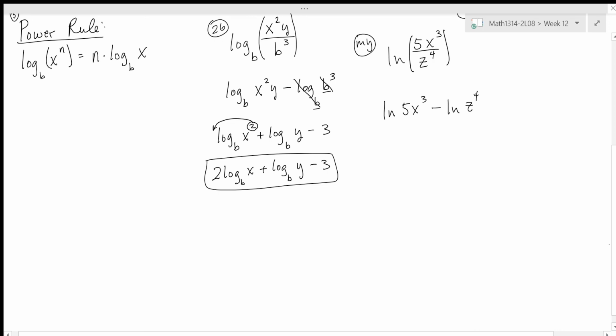Remember, a fraction turns into subtraction. Next step. What about the 5 and the x to the third? We're going to have to separate them. They each get their own log. And what does multiplication turn into? Addition.